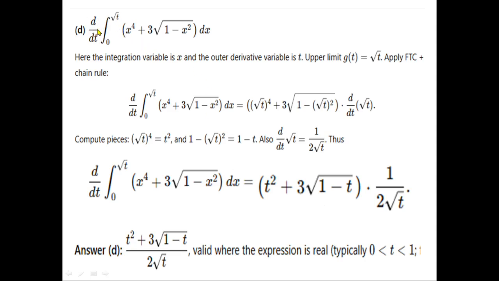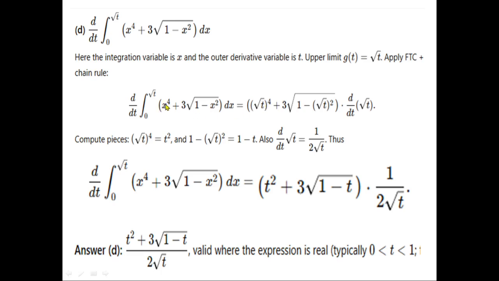Let us see another problem, that is d by dt of the integral from 0 to root t of (x power 4 plus 3) into square root of (1 minus x square) dx. Here root t has to be substituted in place of the x.